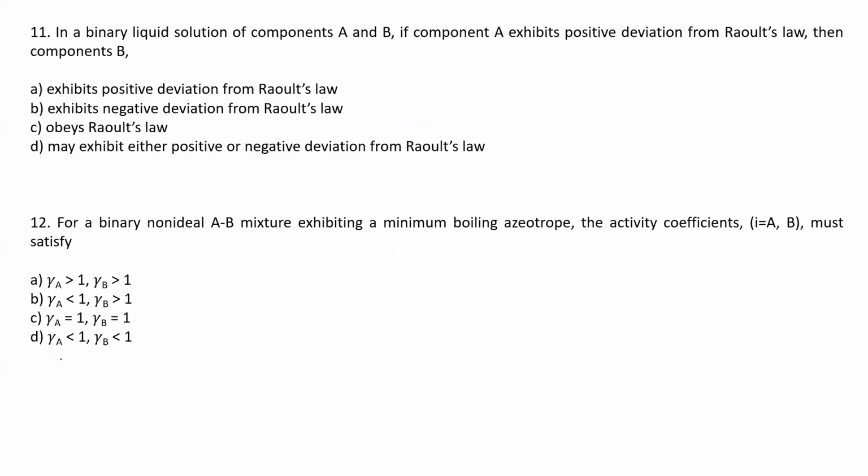In a binary liquid solution of components A and B, if component A exhibits positive deviation from Raoult's law, then component B... So generally, positive deviation, what do you mean by that? Assume at a given temperature, vapor pressure P will be there.